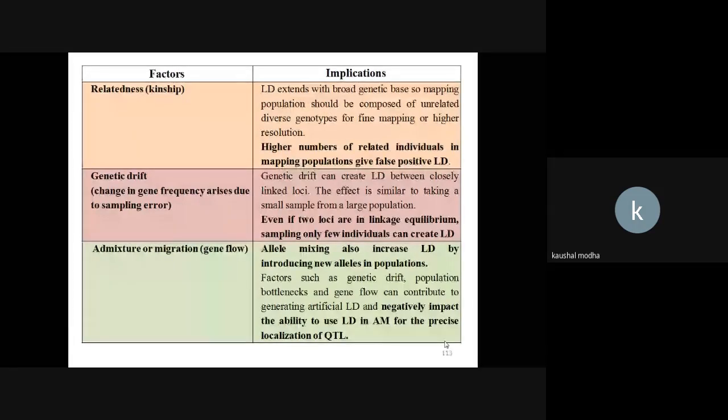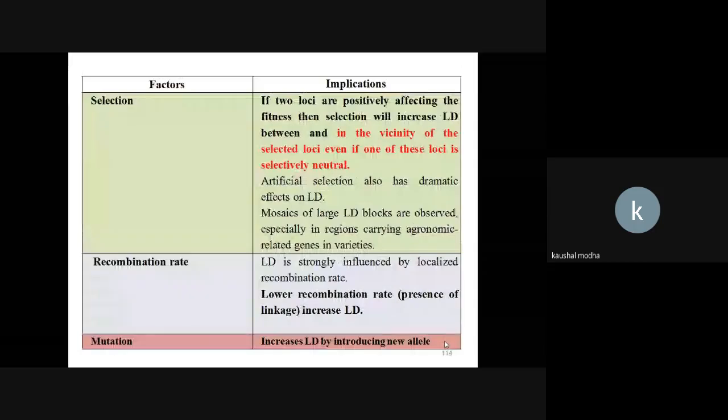Selection also creates LD. I'm talking about both natural selection and artificial selection. If two loci are positively affecting the fitness of a particular individual or the whole population, then this kind of selection will lead to permanent association between these two loci.